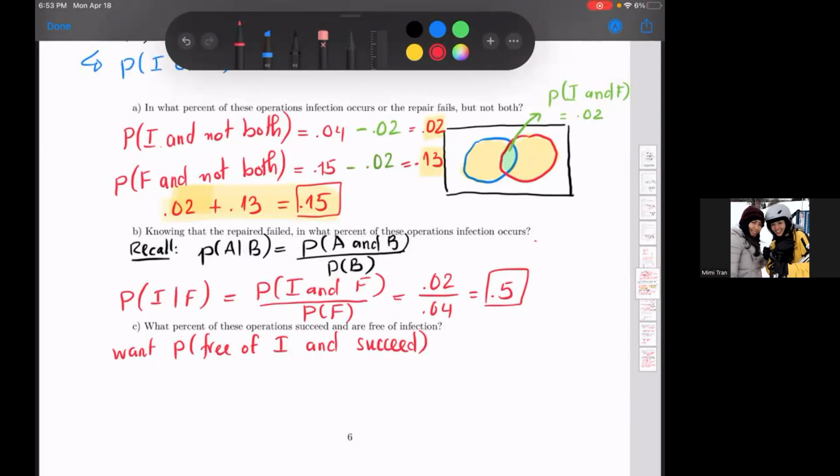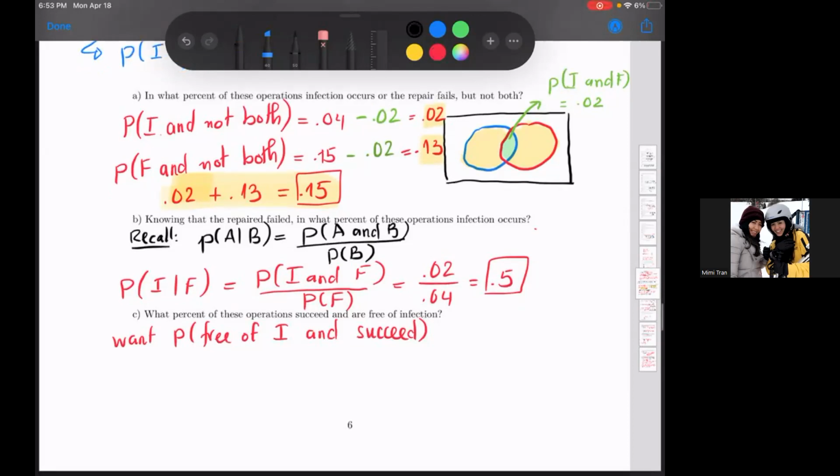What do you think? You want that, but you don't have it. You complement. It's the negate.